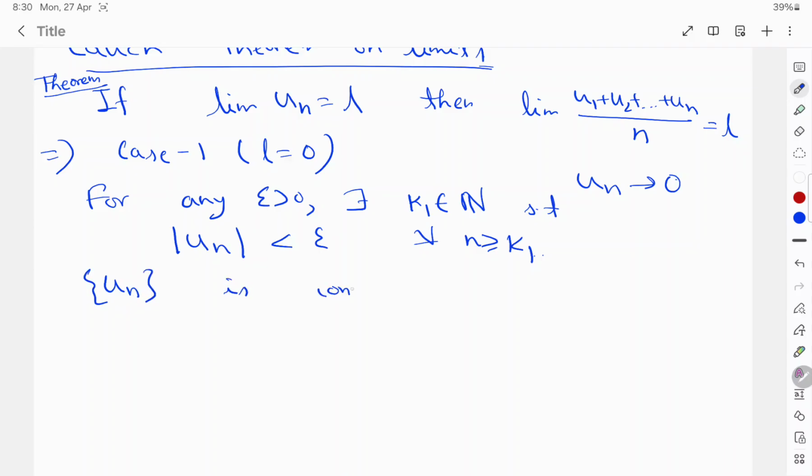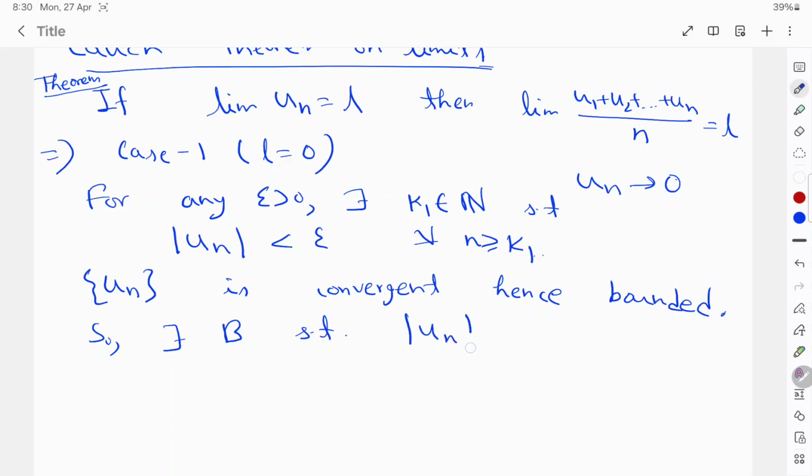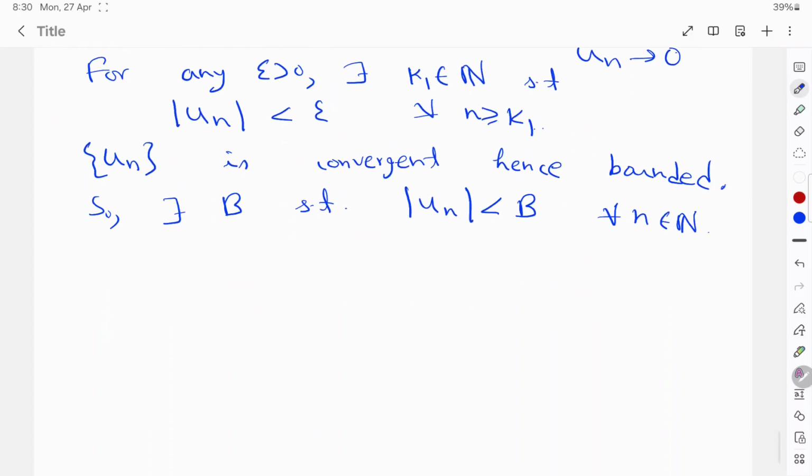Un is convergent, hence bounded. So there exists a b such that modulus of un is less or equal to b for all n belongs to natural number n.